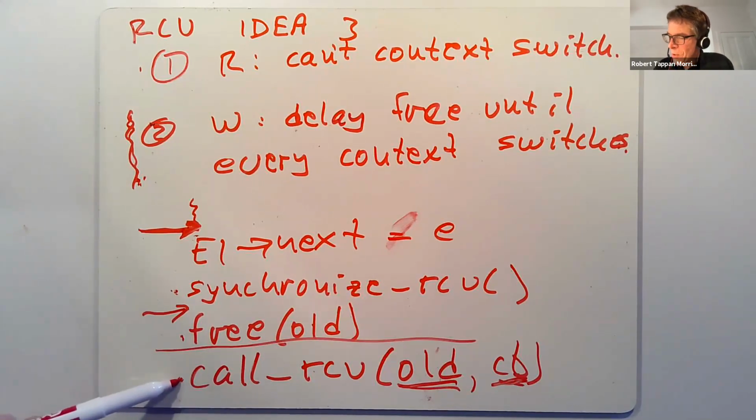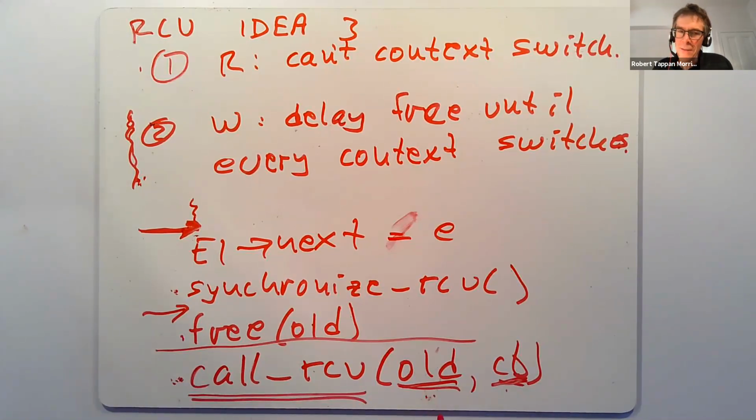On the other hand, you're discouraged from using it, because if the kernel calls call RCU a lot, then the list that holds these values can get very long, and it means that there may be a lot of memory that's not being freed. This list grows very long.